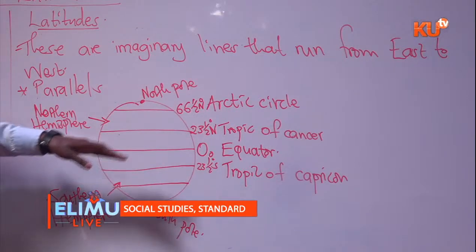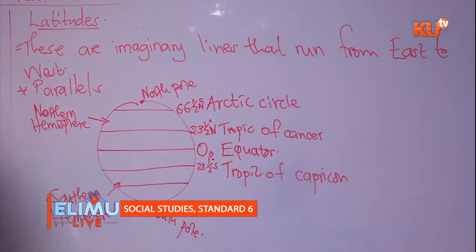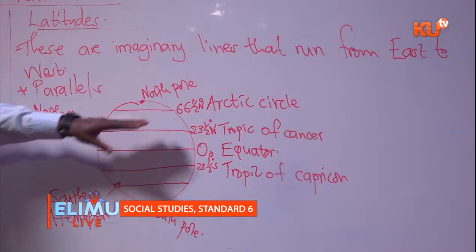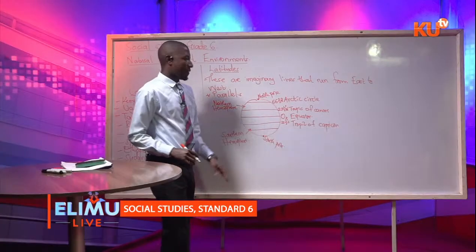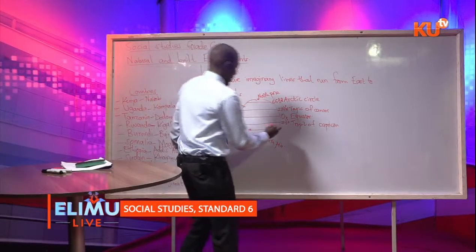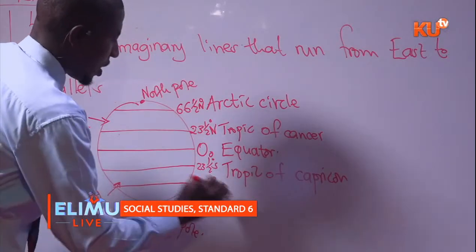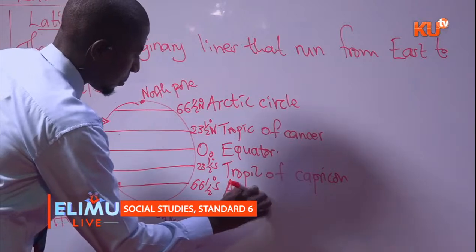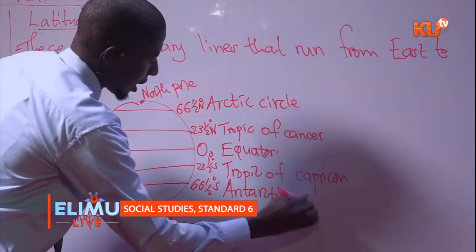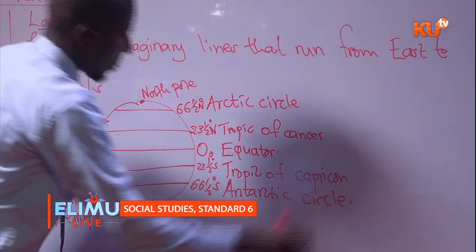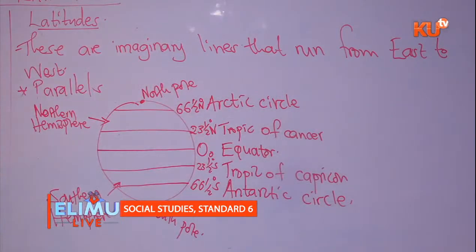I know you have heard of the words tropics and equator, and when we shall be doing climate, which is the next substrand after this, we'll learn how these tropics and the equator affect climate. Then we have 66 and a half degrees south, which is the Antarctic Circle. And those are the major lines of latitude.